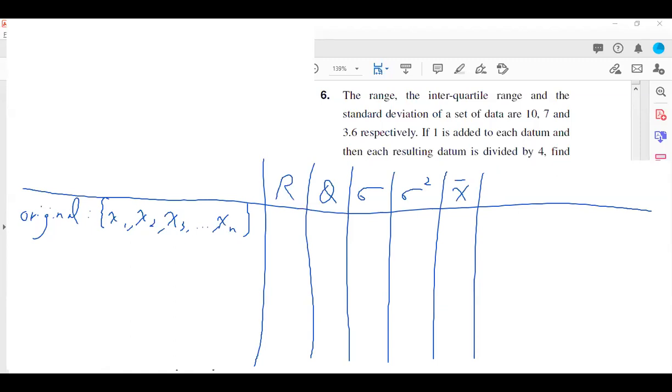Okay, so this is variance. This is the mean, median, and this is the mode. Okay.